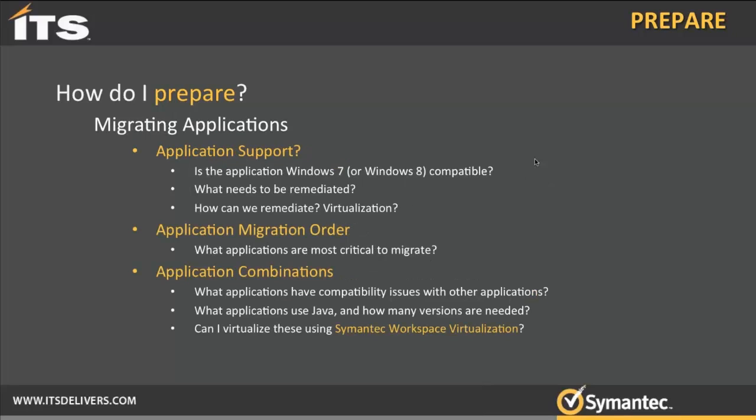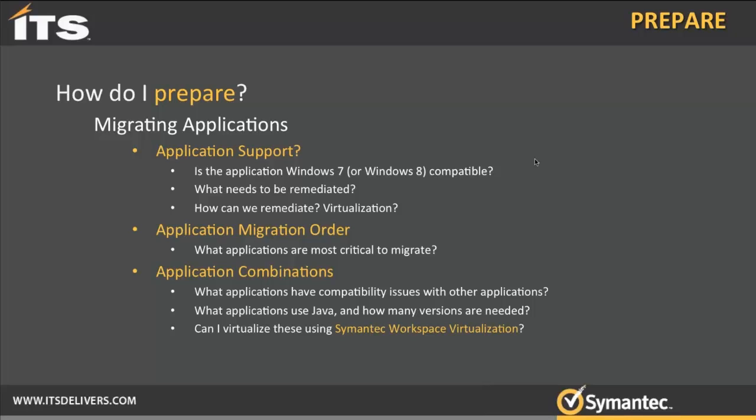How are we going to migrate applications? Well, first of all, we need to determine what our application support is. Is our application fully compatible with Windows 7 or Windows 8 if you're going to make the jump to that? If not, what do we need to remediate, and how do we need to remediate it? Do we want to repackage the MSIs?